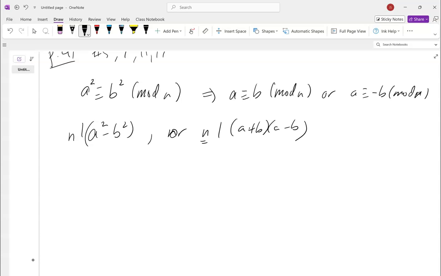So what counterexample did you come up with? I wasn't thinking about criteria. I just did 0 is congruent to 9 mod 9, and 0 isn't congruent to 3 mod 9 or negative 3 mod 9. That'll work. Yep, that works too. So 0 squared is congruent to 3 squared mod 9.